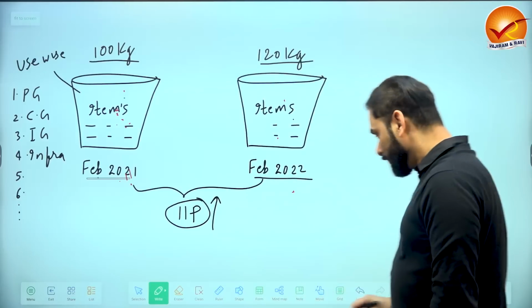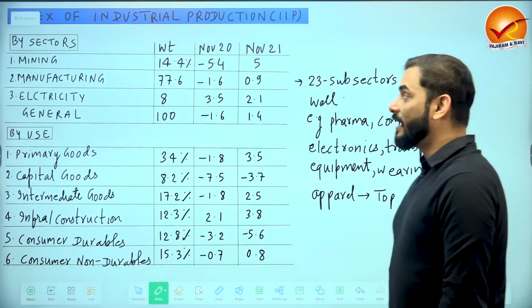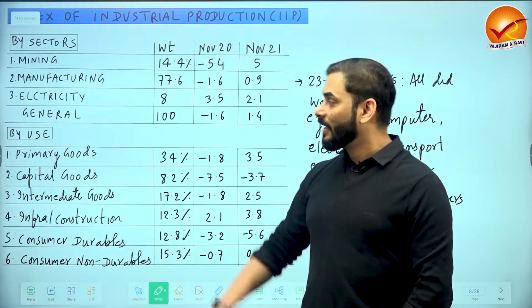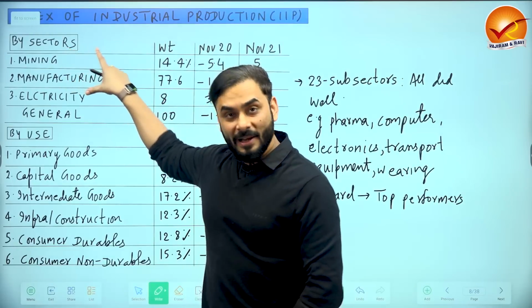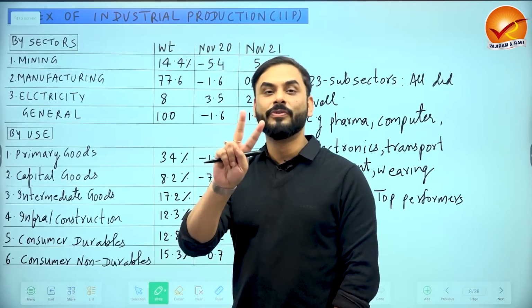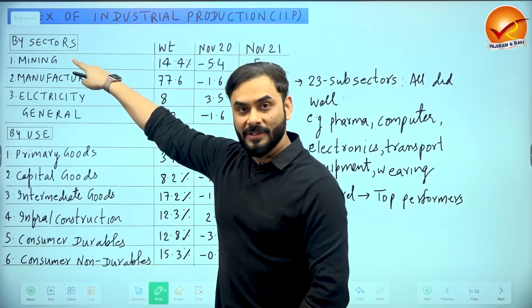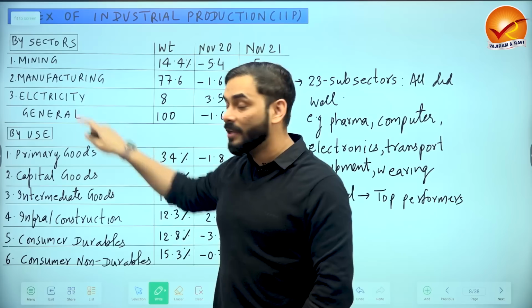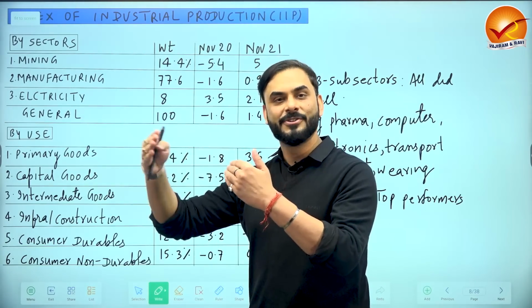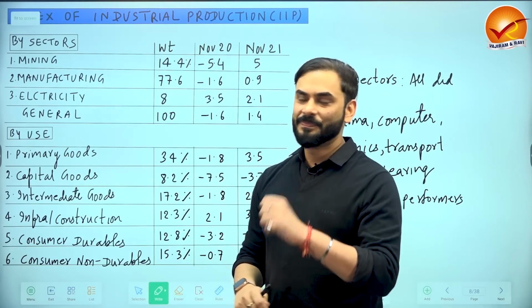Yes. So what are the two types of index of industrial production that I have taught you? So you can calculate index of industrial production in two ways. One, by sectors, which means take mining, manufacturing, electricity, take their items and put it in a basket and check the increase or decrease in quantity.